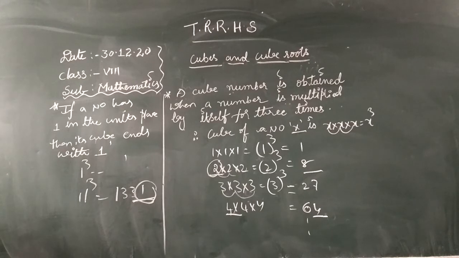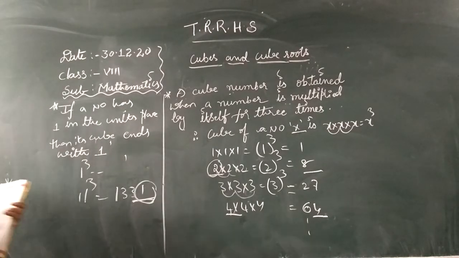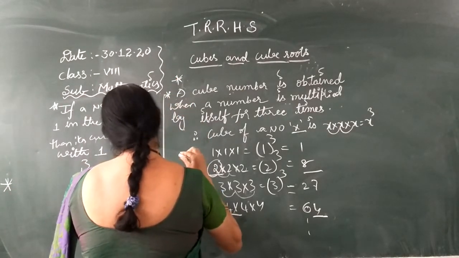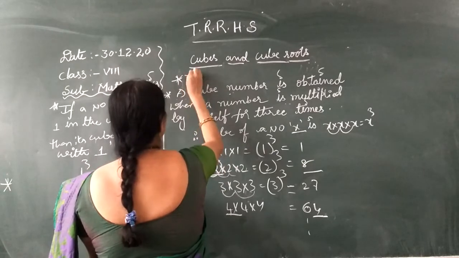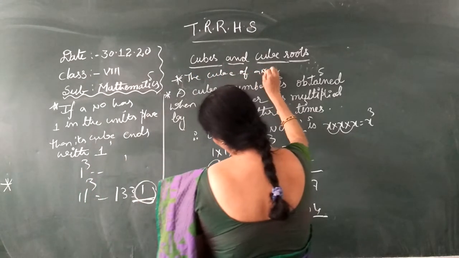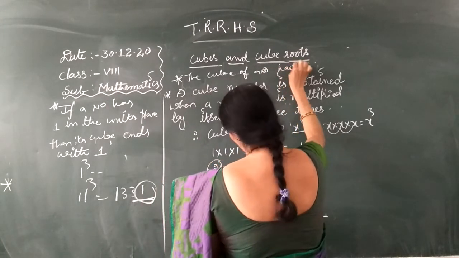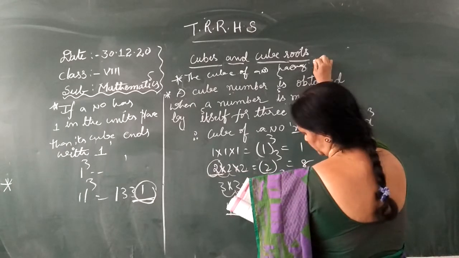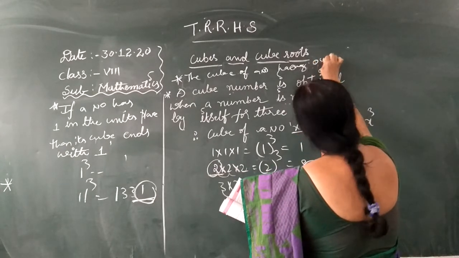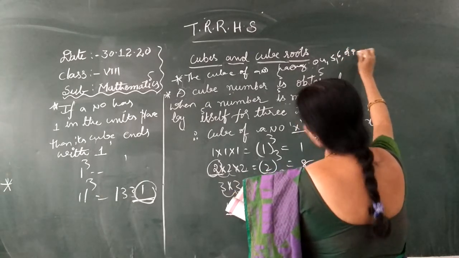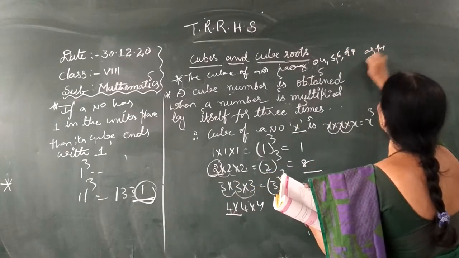And next one is, by seeing these numbers, you have to identify whether the given number is a cubic number or not. So what are the numbers? The cube of a number having 0, 4, 5, 6 or 9 in the units digit.